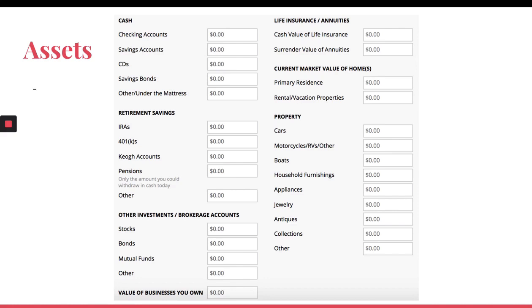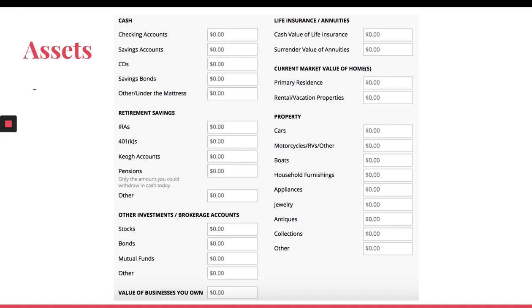Next, we have CDs, which is a certificate of deposit. Basically, CDs are amazing. The reason they're amazing is because instead of having a savings account where you have a very low interest rate, and a high interest rate in this situation is amazing because the higher interest you have, the more money you're getting, right?